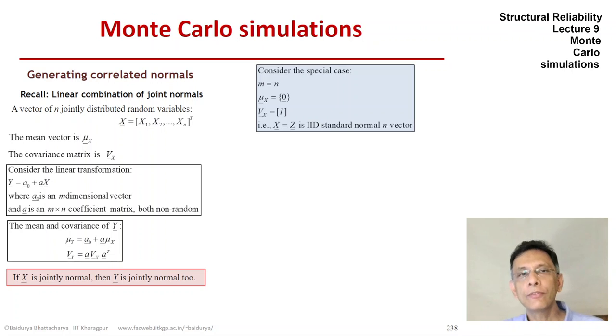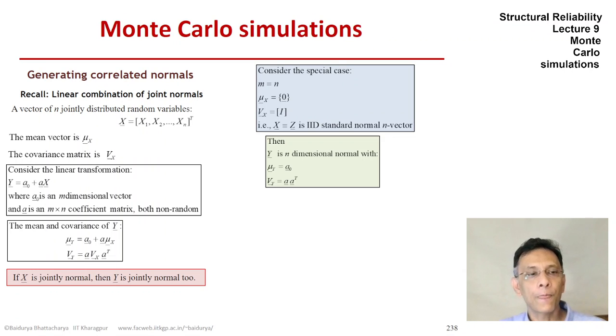Now if the mean of x is 0 and the covariance matrix of x is the identity matrix, which basically means that x is a vector of independent standard normals, then y has its mean as the vector A0 itself, and the covariance of y is A A transpose. So this actually gives us a means to generate any correlated normal starting from a set of independent standard normals.